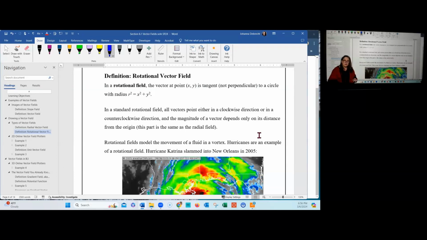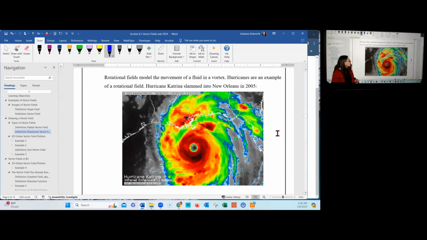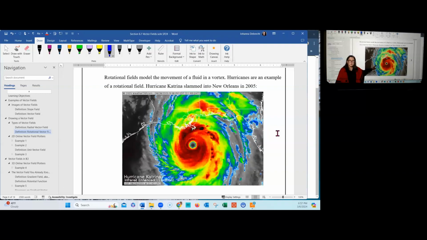A good example of rotational fields are hurricanes, and you can see this one moving here. This is an example of a rotational vector field. The red represents the higher velocity winds, and then it goes into orange and then yellow, which has lower wind speeds, and then green, and finally blue.